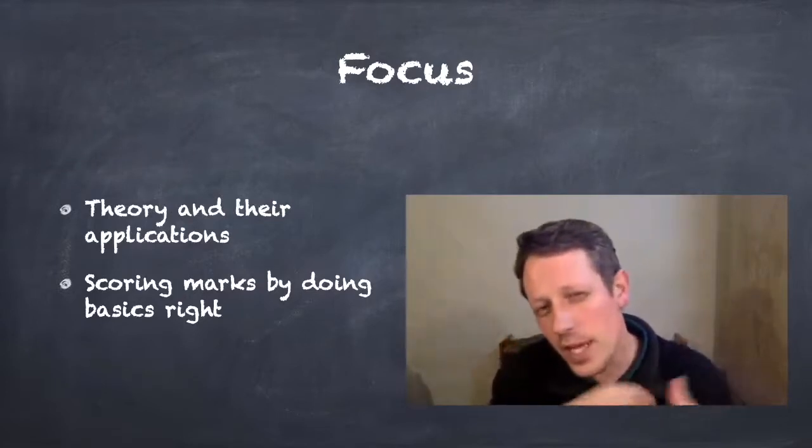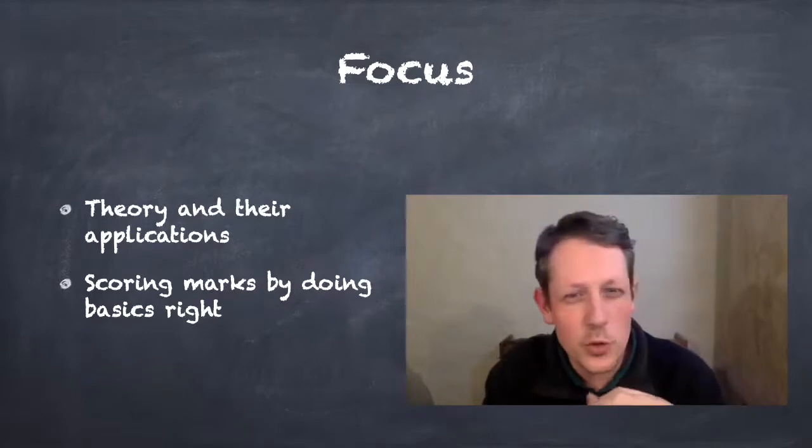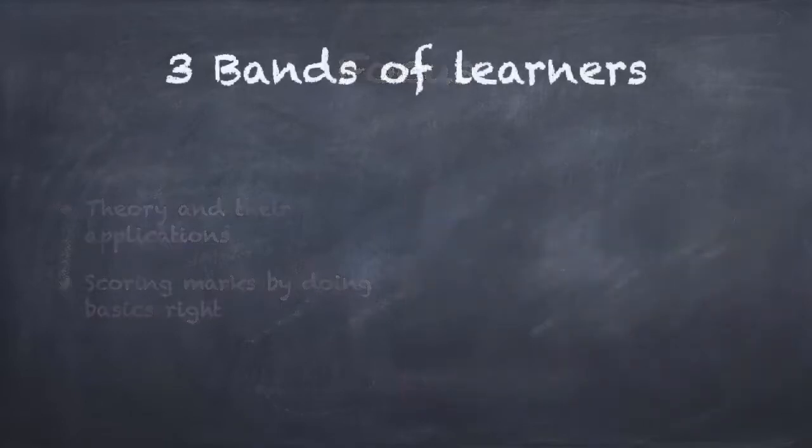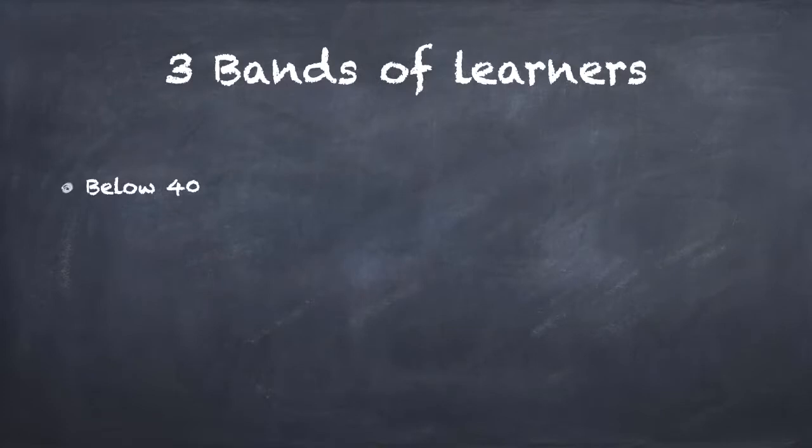So now for the next few minutes, I'm again going to talk about the 3 different bands. The guys first, getting below 40, those guys are in danger of failing the matric exam. You guys really need to make sure you get your basics right.